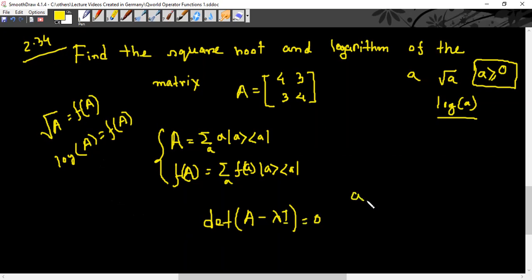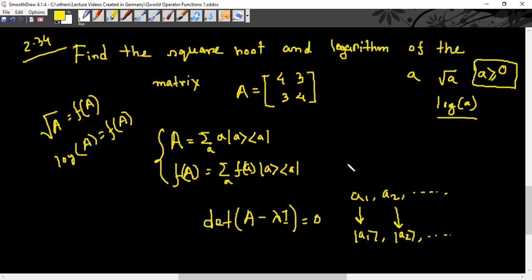So we'll get eigenvalues, and for each eigenvalue we'll be getting eigenkets, right? If we get the eigenvalue, then we can calculate the corresponding eigenkets, right?